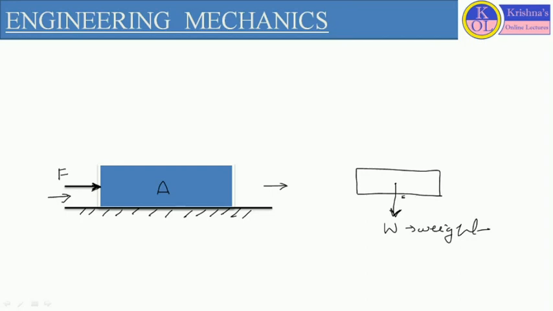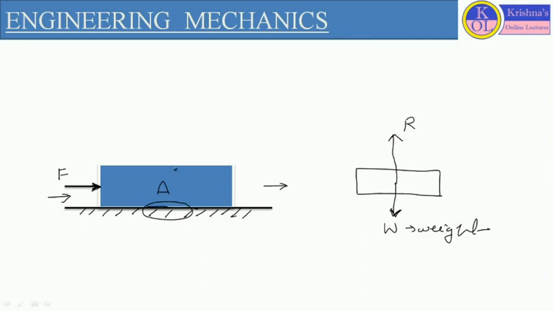Now here I told you all the supports should be replaced by the reaction. So this particular body is in contact with this stationary surface. So this is a kind of support only. So here we will replace this support with the help of reaction. So reaction we will draw here in vertically upward direction, and it is represented by R. Why are we drawing this reaction in vertically upward direction?